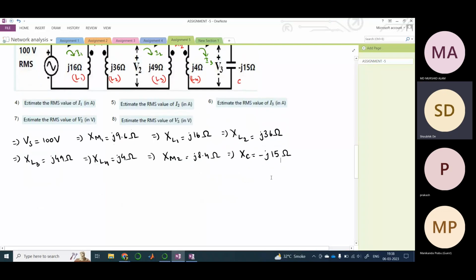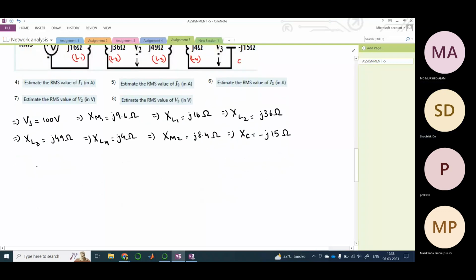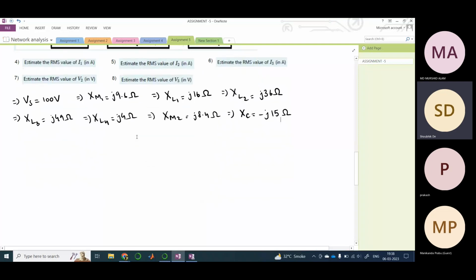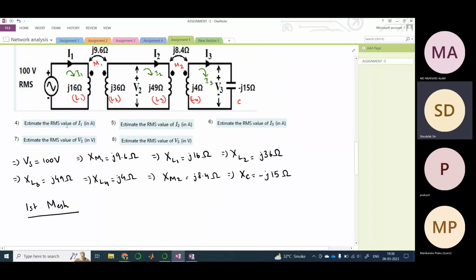So let us solve the first mesh, because we need to calculate each of these things. We need to solve the equations of each and every mesh. What would be the equation for the first mesh?